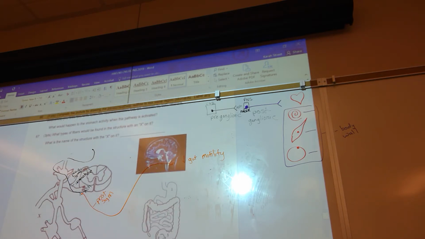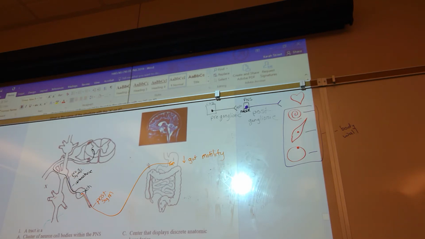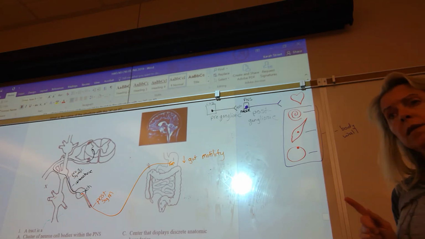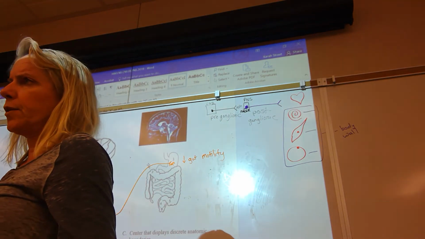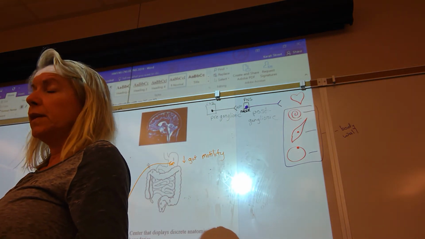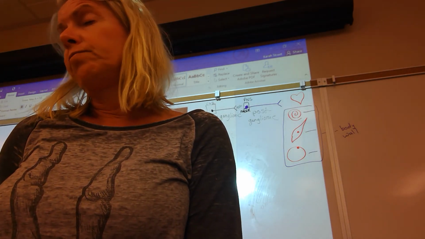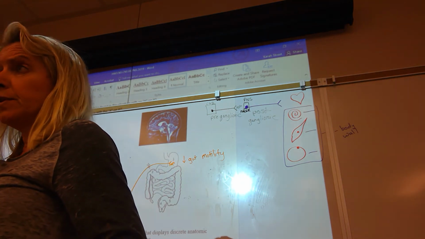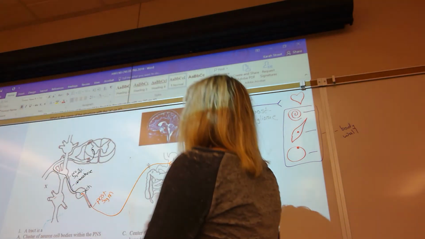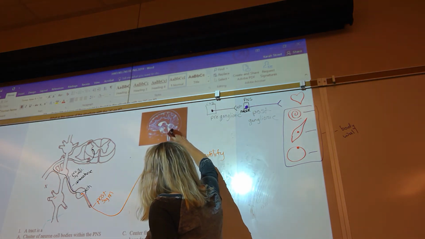Okay, well, if it's parasympathetic, and I'm going to the stomach, is the stomach before or after the left colic flexure? Before. It's before. So should I use a sacral? Mm-mm. What cranial nerve should I use? 10. 10. So here's my cranial nerve 10.